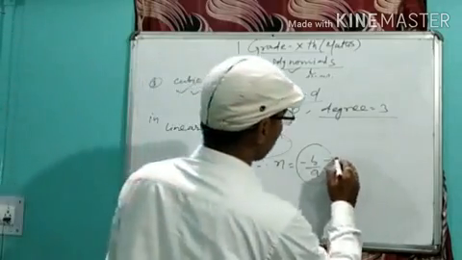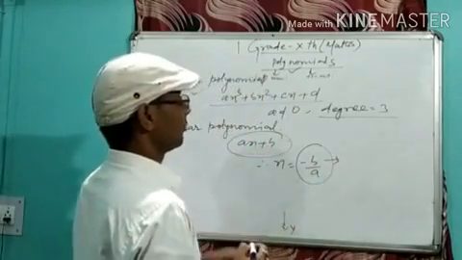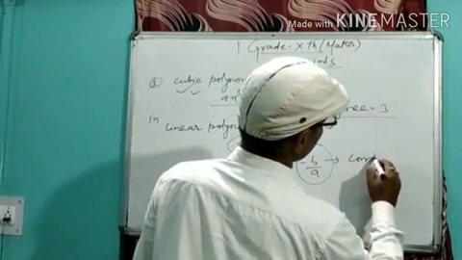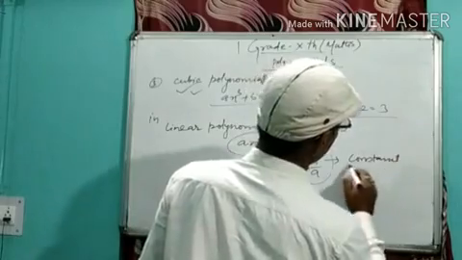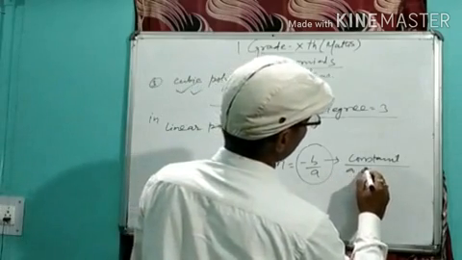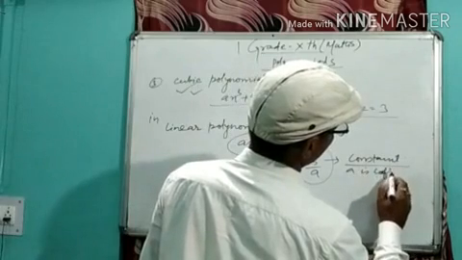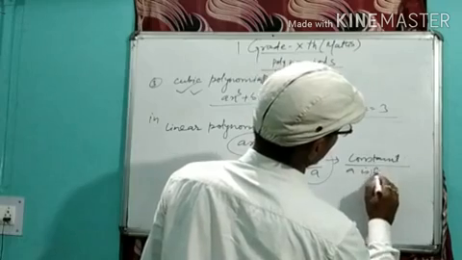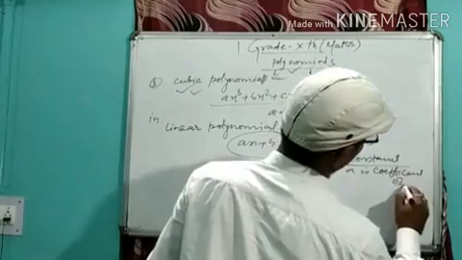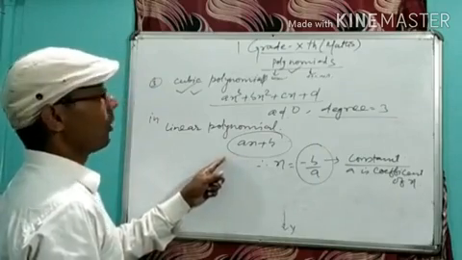What is b here? b is a constant. And what is a? a is the coefficient of x.